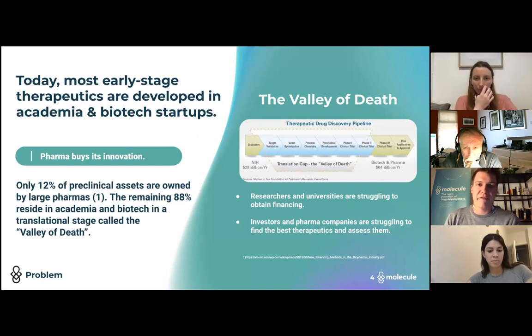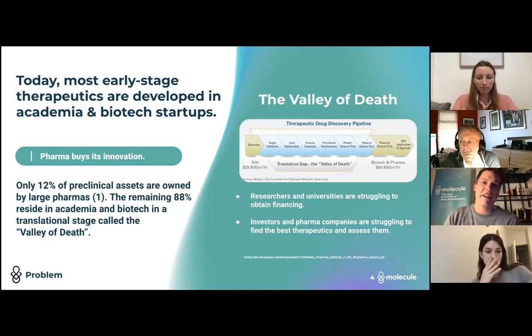But there's a huge funding gap here, which is called the Valley of Death. It's very difficult for early stage researchers in academia, and even for biotech startups, to get funding for their new innovation. On the one side, you have public grant funding bodies that give grants to researchers for this very early stage innovation. Or you have biotech VC, which works as any normal VC works.